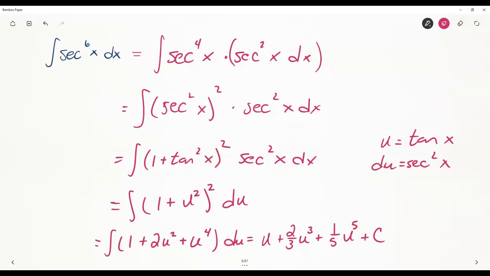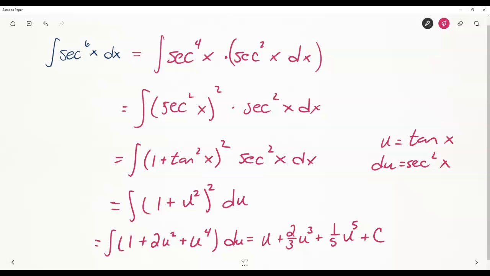And I'm done, right? No. Good. If you stop here, expect to rightfully get points taken off, because this is the answer to this problem, not the one we started with. Just substitute back what you stood for.